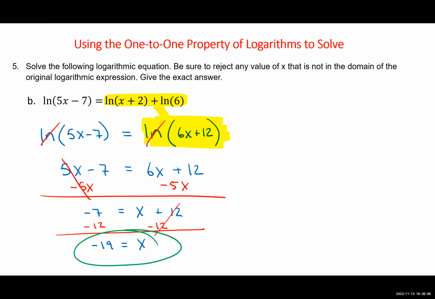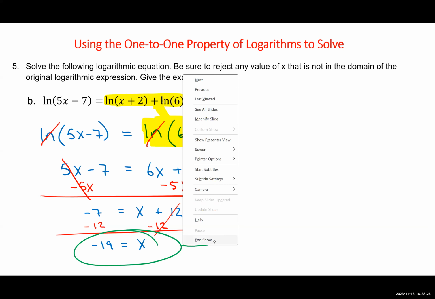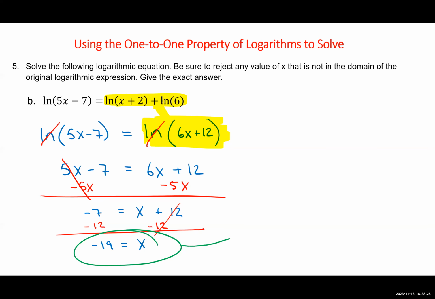This is the last problem I want to work through today. Problem is, this is not the answer, because you have to check. If I'm going to circle that in green and say that's my answer, move on, well, I've got to check. Does negative 19 work if I put it in for x?